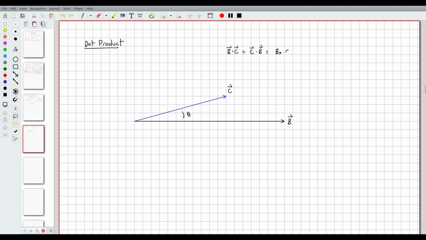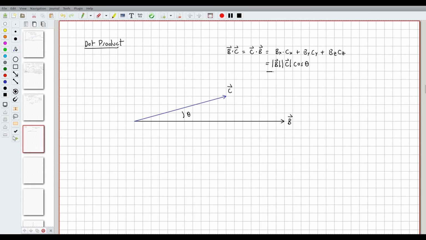Bx times Cx plus By times Cy plus, if there were a z part, Bz times Cz, and you get the product. Or you can write it the following way. It is the length of B times the length of C times cosine of the angle in between.